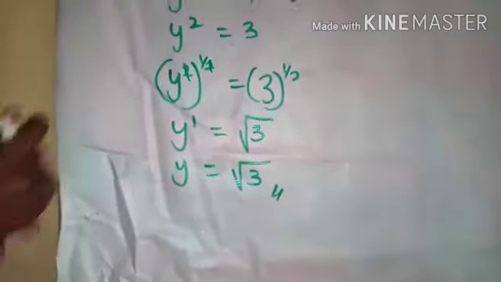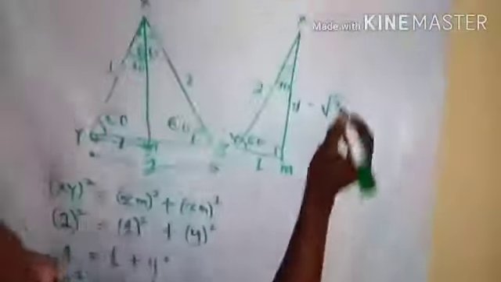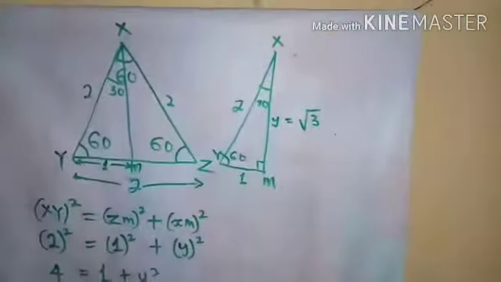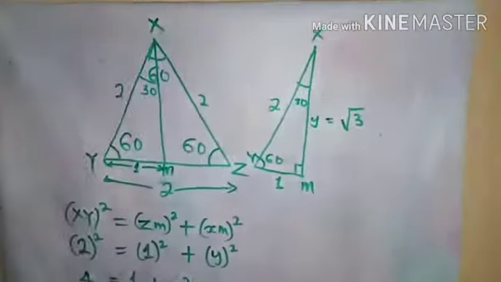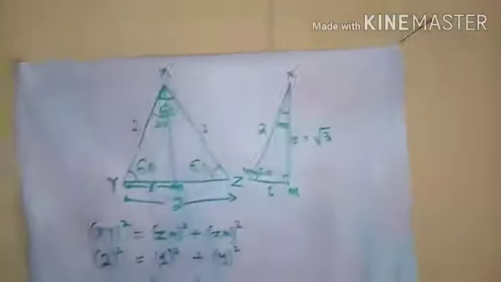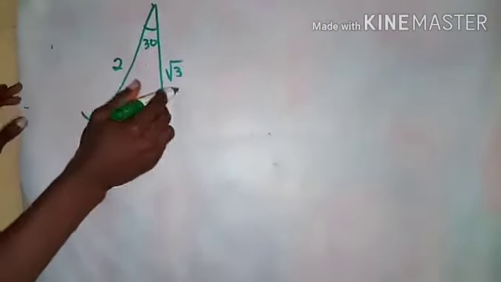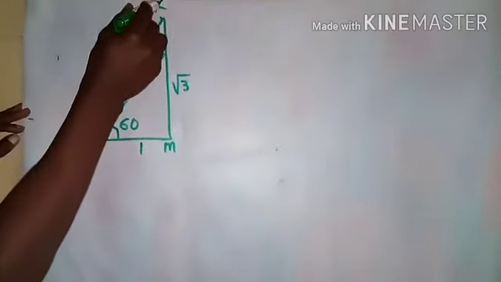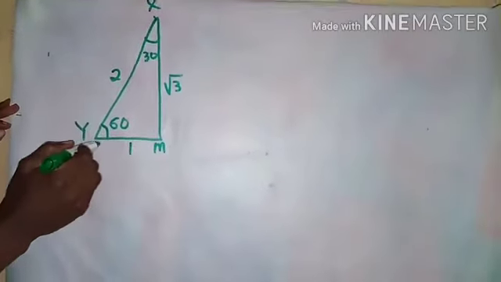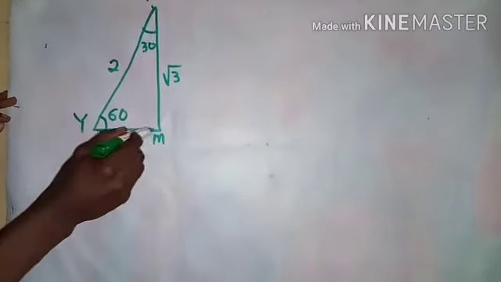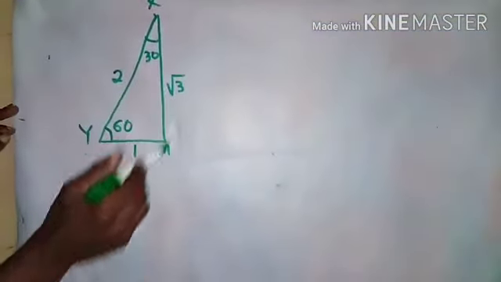So automatically, this side now is root 3. We have now gotten all the sides. That is, line xy is 2, line ym is 1, and line xm is √3.